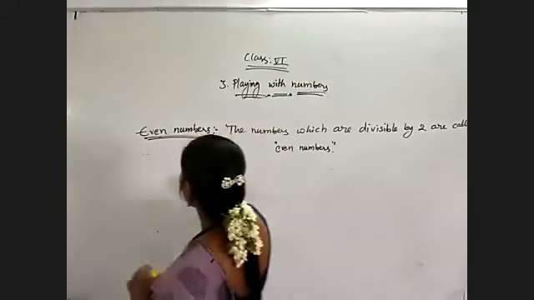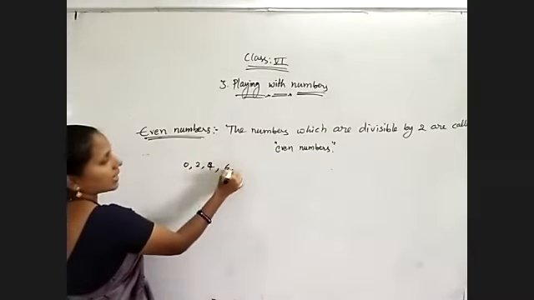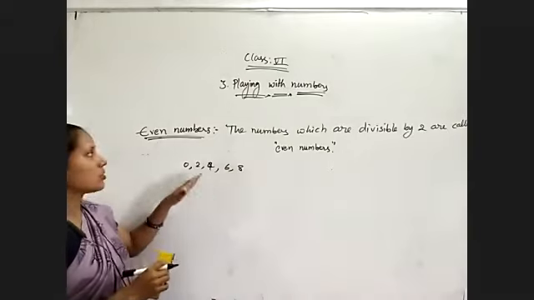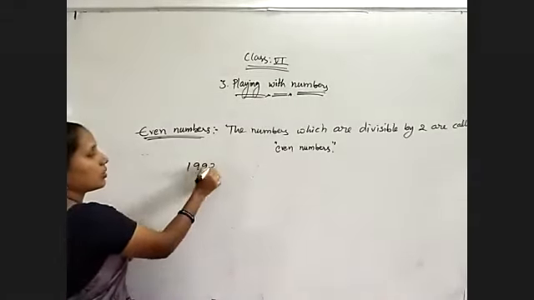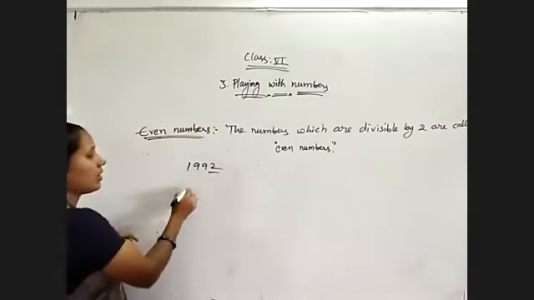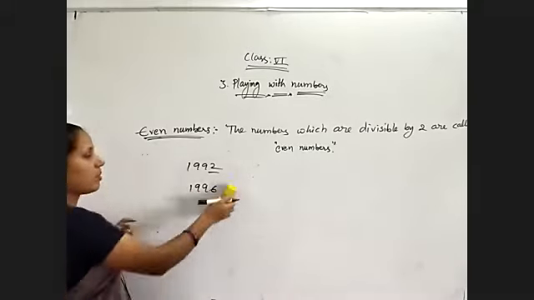That means the numbers which have 0, 2, 4, 6, 8 in their units place are divisible by 2. So all these numbers are said to be even numbers. Suppose 1992. Because 2 is there, it is divisible by 2, so it is an even number. 1996. 6 is there, so it is divisible by 2.